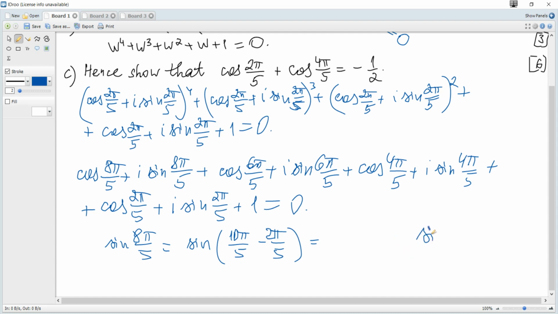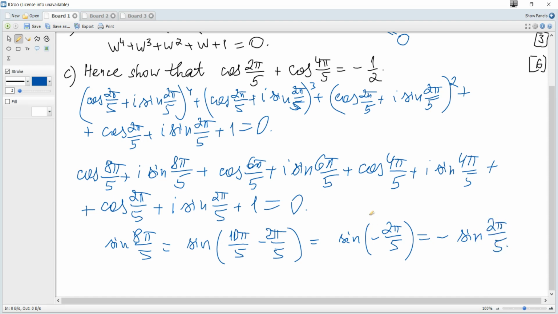I mean that, for example, sine 30 is the same as sine 30 plus or minus any number of periods, 360 in degrees, or 2 pi k. So it is just sine of negative 2 pi over 5. But sine is an odd function, so it's minus sine of 2 pi over 5.